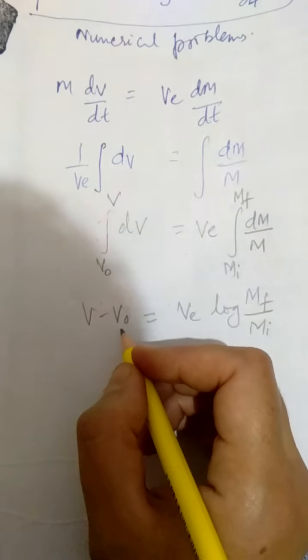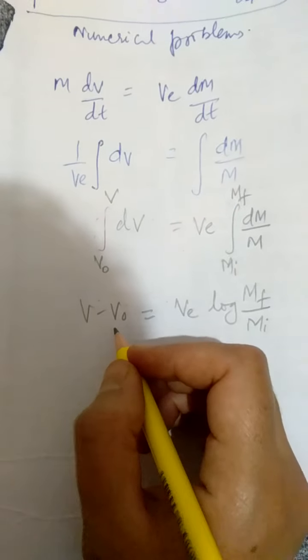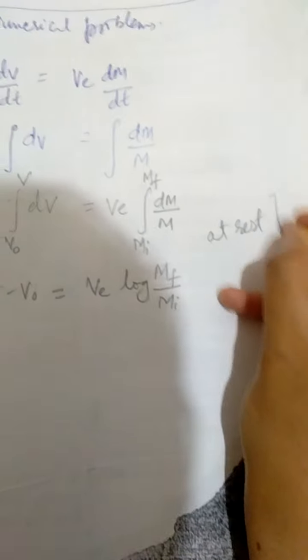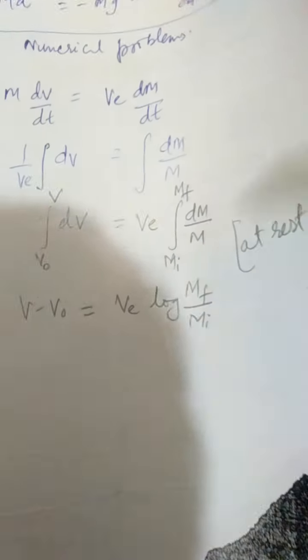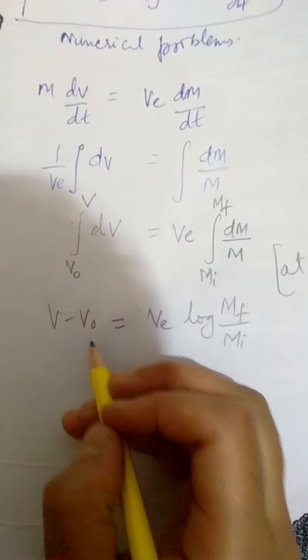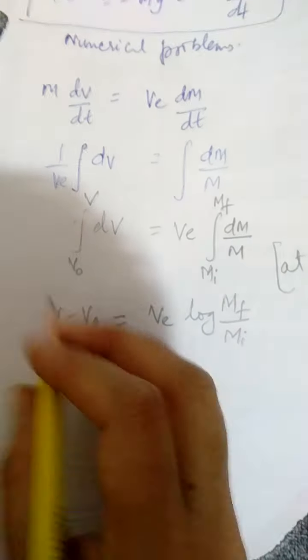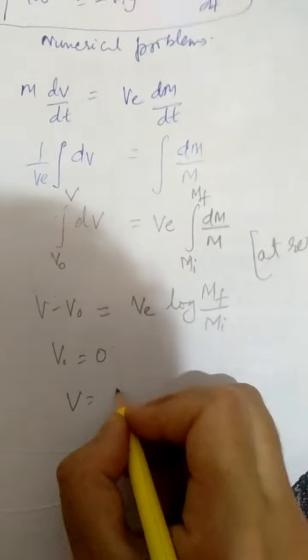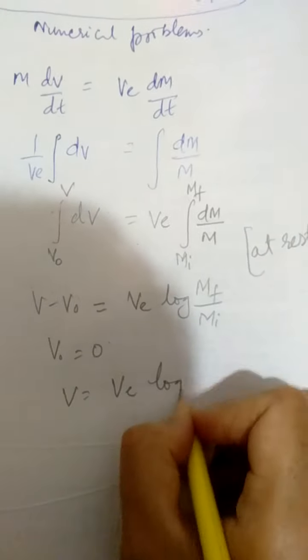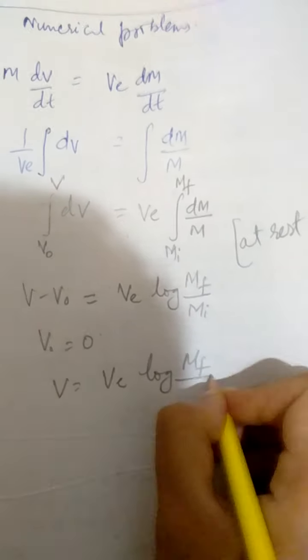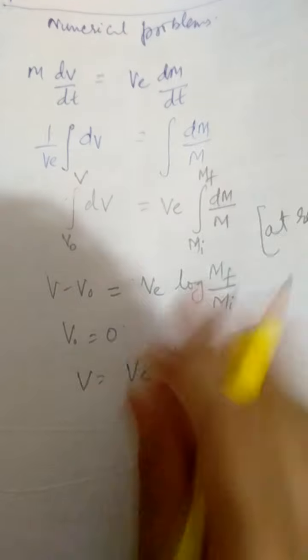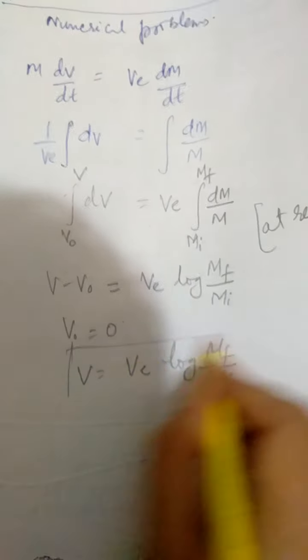If the rocket begins its motion at rest, for example, we fire the rocket from the position of rest, then for simplicity the initial velocity is 0. So we put v naught equal to 0, and v is equal to Ve times log of mf by mi. So the final velocity vf is given by this expression.